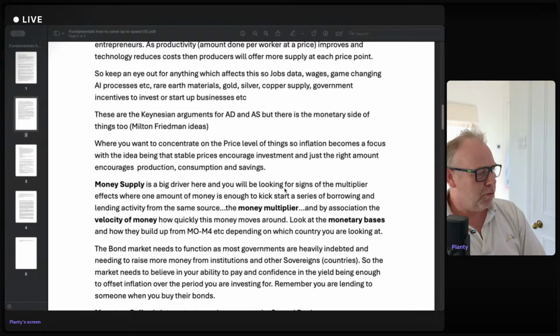So what does that mean? I've got two phrases here: money multiplier and velocity of money. So literally, the money multiplier is we can take that amount of money and you want to borrow it from me. So if you're going to pay me, what are interest rates at the moment? I'll be generous. They're 5%, but I'll lend you some money at 4% because I want to help you, and you've got a really good project.